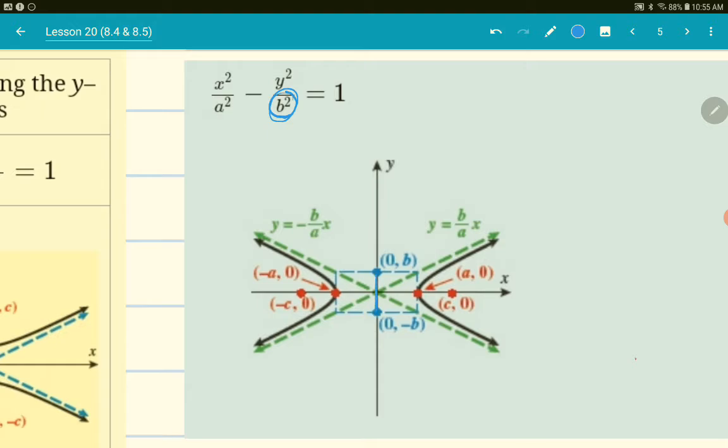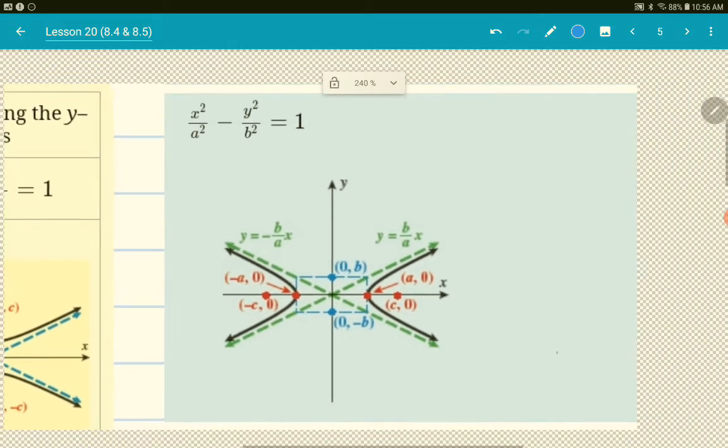And the A determines the width of this box. And once you get this box, then your asymptotes you draw from corner to corner through that box, and that guides the shape of the hyperbola. So let me go through those steps more carefully.